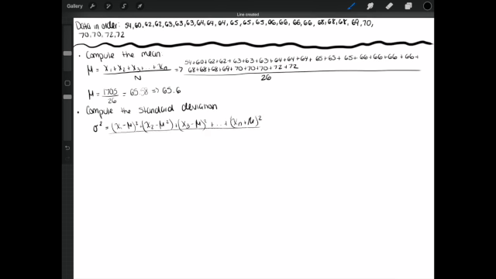And this is also going to be divided by the total number of values we have, and it's going to be square rooted.